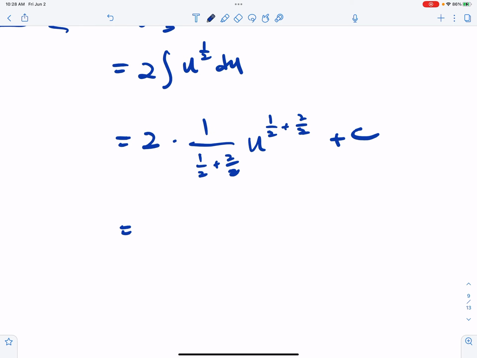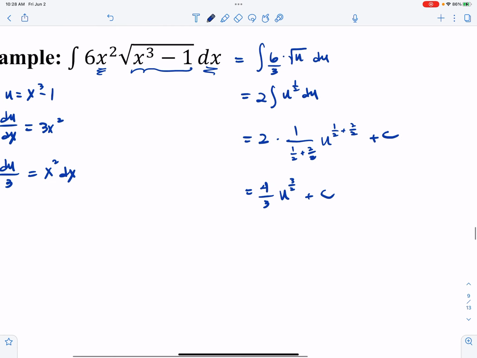So what that would end up being is 4/3, because it would be 2 times 2/3, u to the 3/2 plus c, and then substituting what I had let u equal to back in.